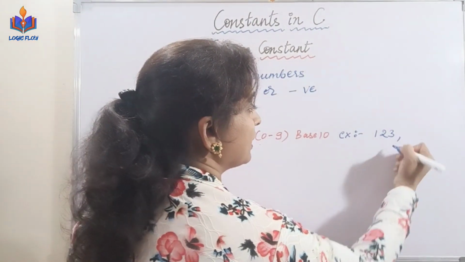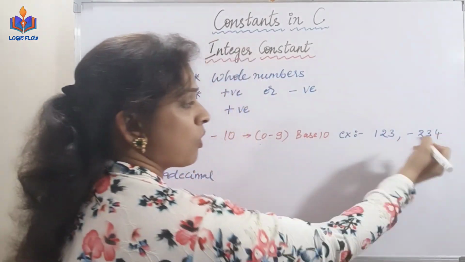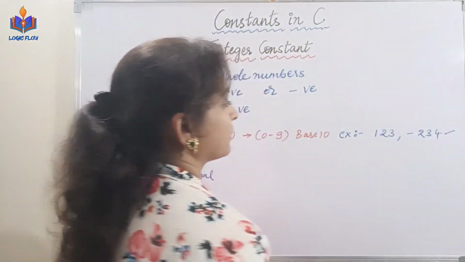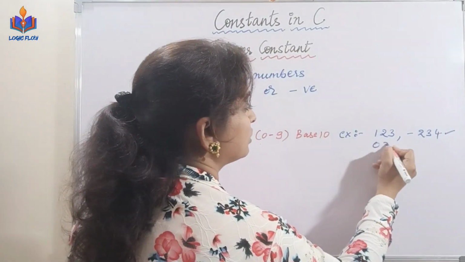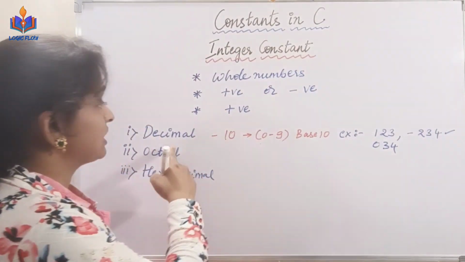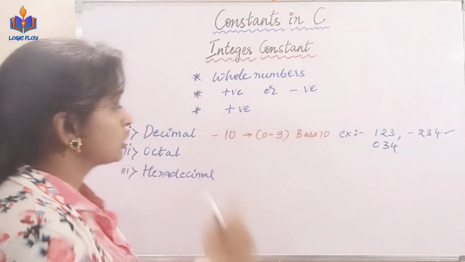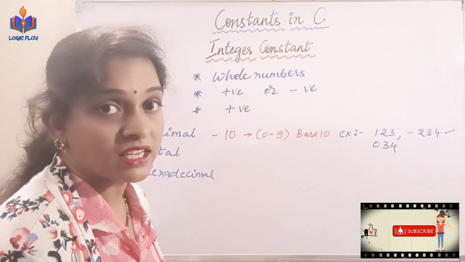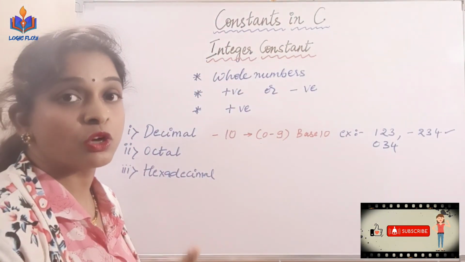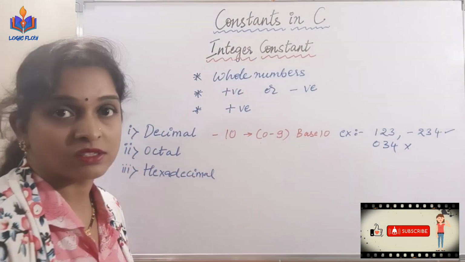I can say minus 234. All these are valid decimal integer constants. For example, 034 is an invalid decimal integer constant because it is starting with 0. The first digit of a decimal integer constant should not be a 0. So it is an invalid constant.